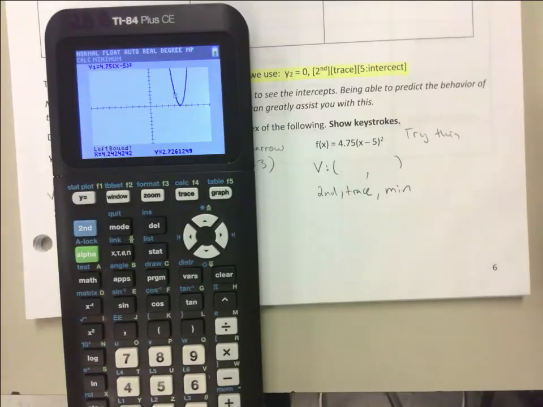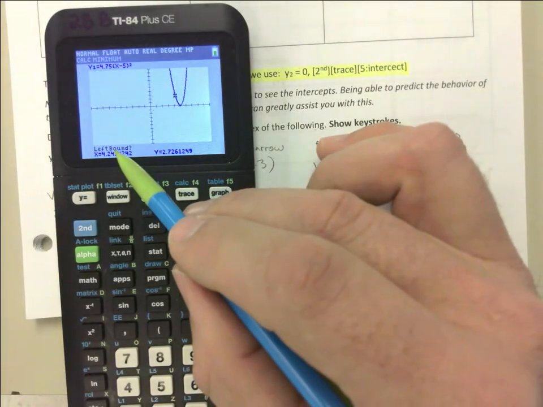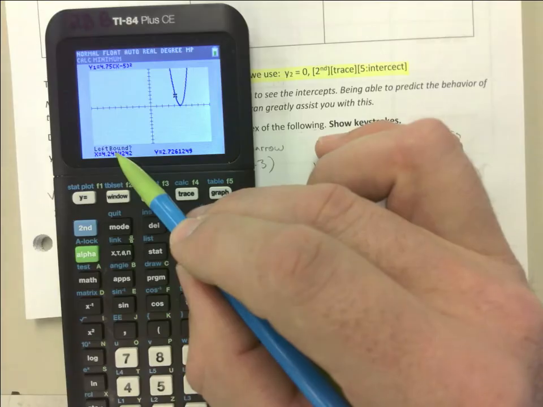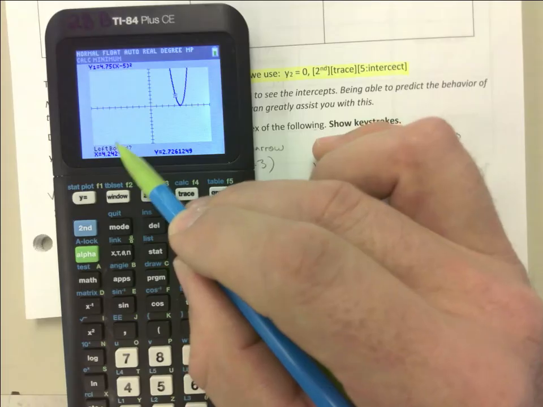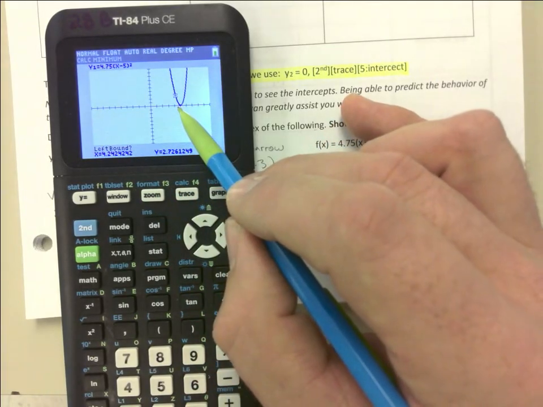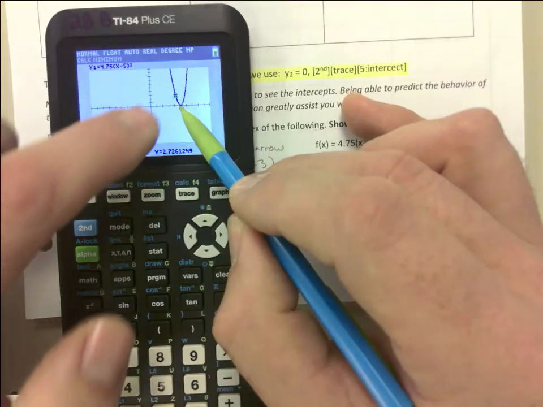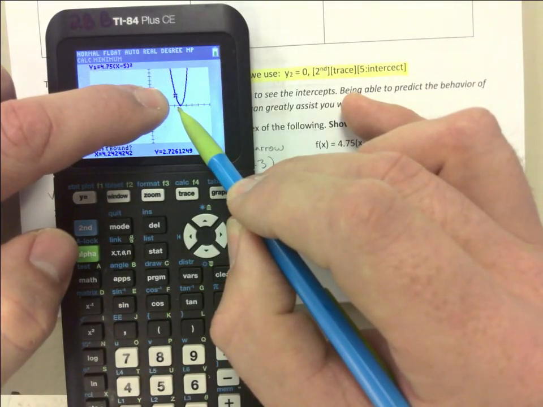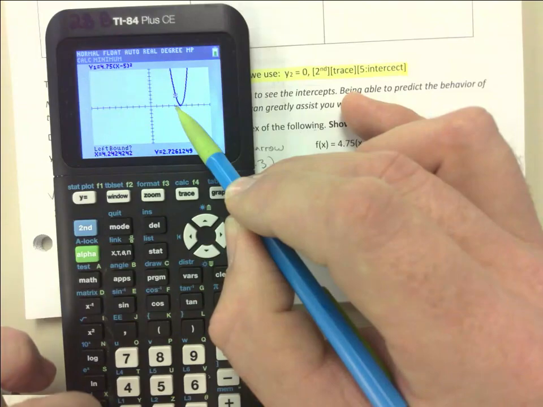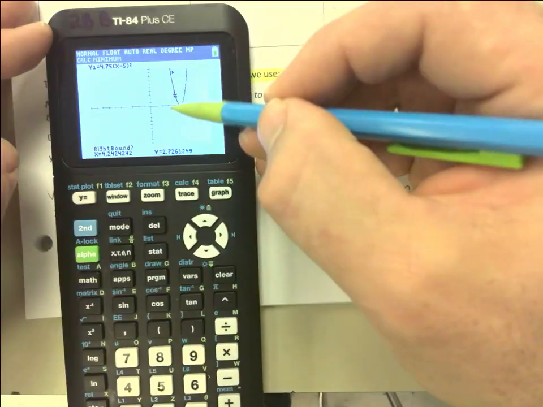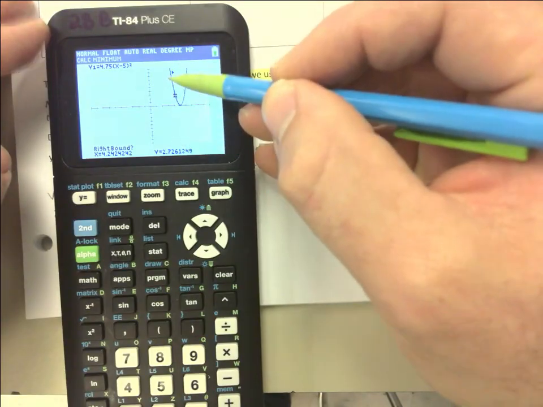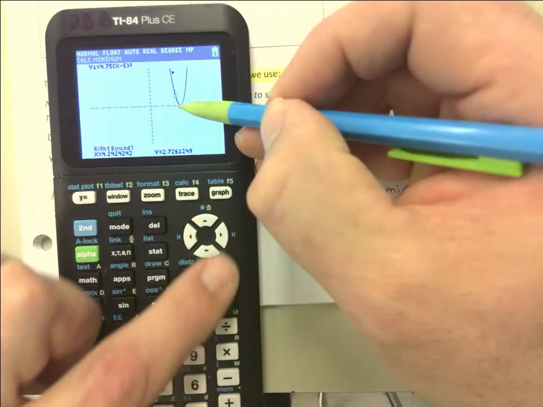That's perfect. What is it asking me for first? A left boundary. It's like, hey, give me a boundary around the vertex. So left boundary, this is the vertex right there. We're going to go to the left, and I am already to the left of it. So I'm going to hit enter. As soon as you hit enter, see how it draws that line? That's one boundary to the left of it. Now you're going to go to the right.